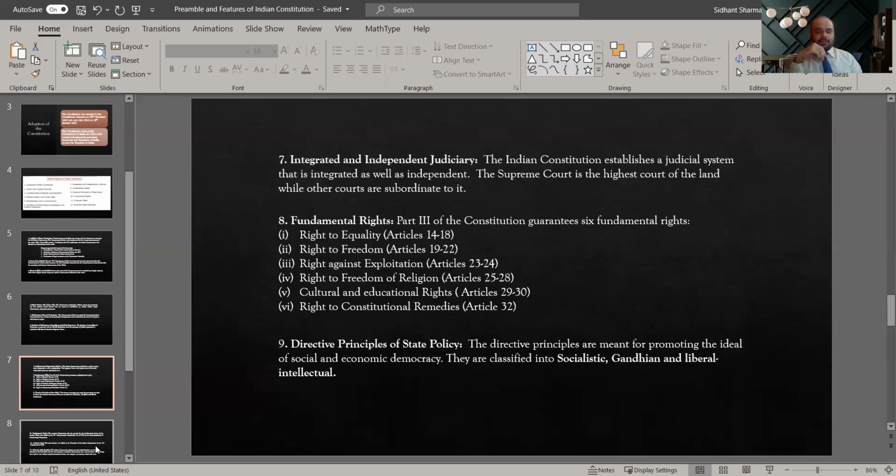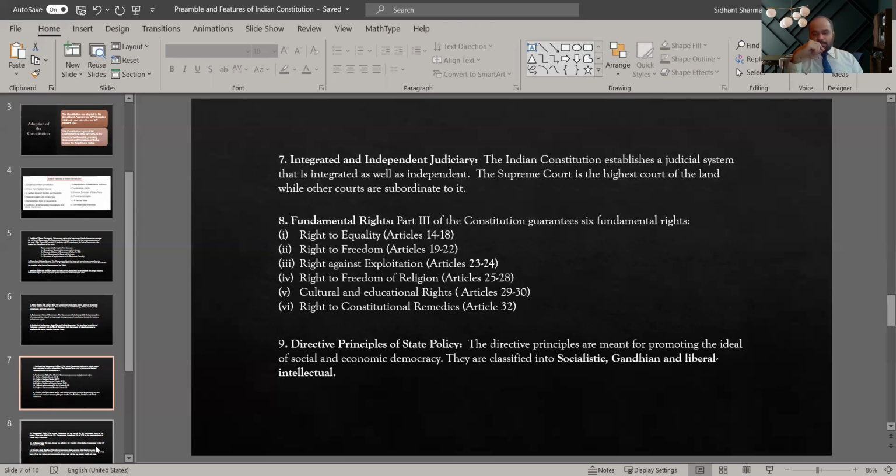There is a list of directive principles that are guidance to governance in the various states of the country. We will be studying these in detail, because every feature of the Indian Constitution requires some time to be studied.